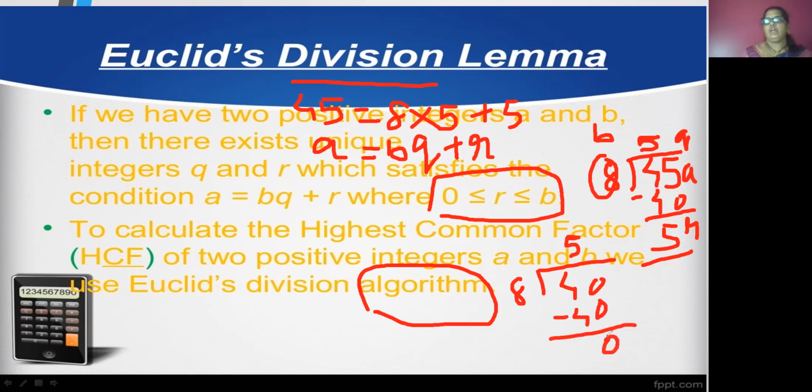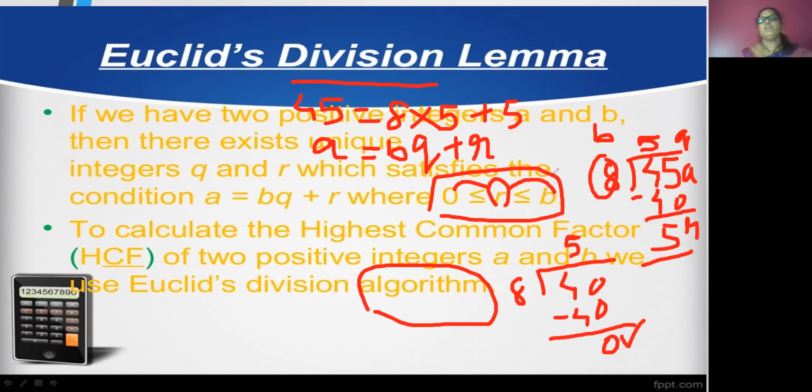So what did you understand? When we divide 40 by 8, you got remainder 0. The same way, when you divide 45 by 8, you got remainder 5. So the remainder should either be 0 or be less than B. What is the meaning of B? Yes, exactly, super, good. Divisor.